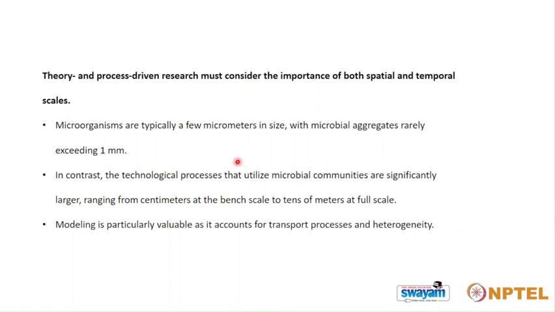So we have to be aware of these scales in order to understand them. If we want to model the organisms, we should know how the organisms are spatially distributed and what the factors affecting the distribution of microbes are.